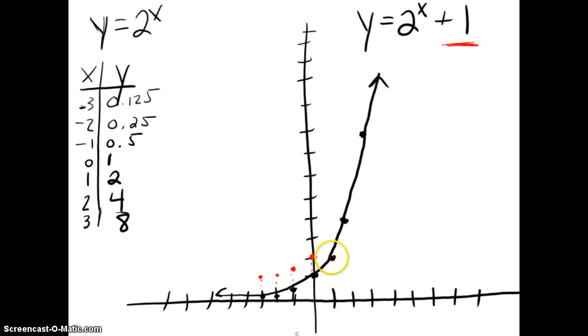This one right here, which is at 2, will come up 1 point. And every one that I see, I'm going to bring up exactly 1 point. And I get my new equation.